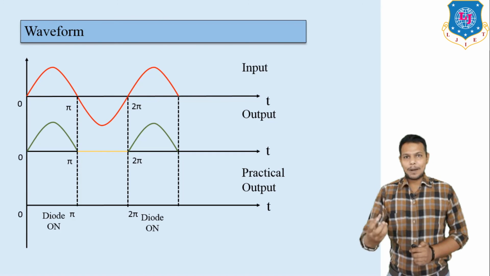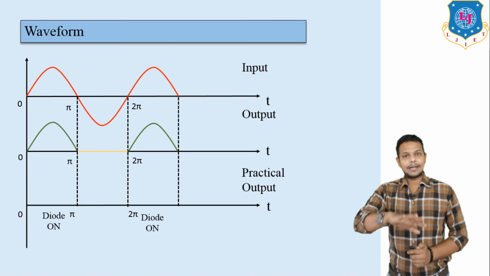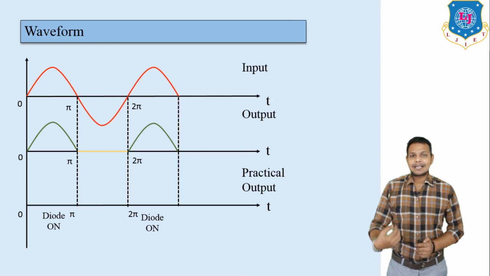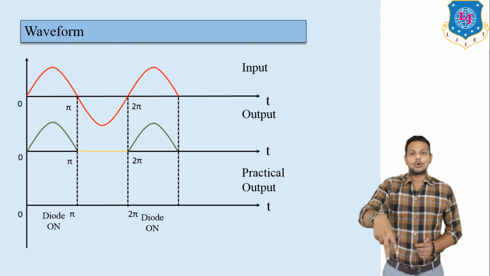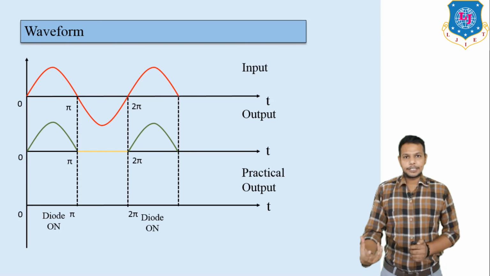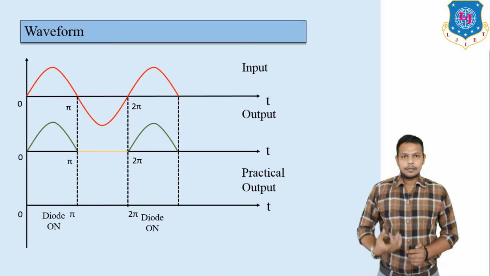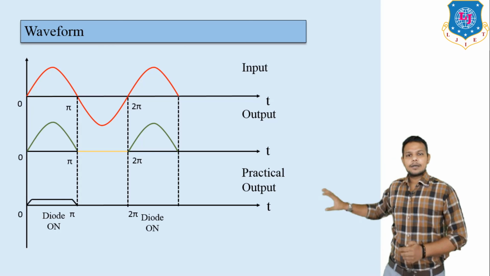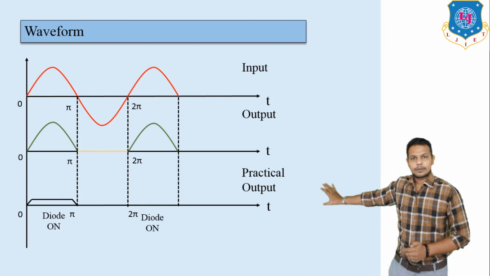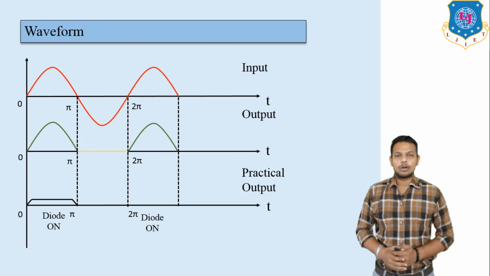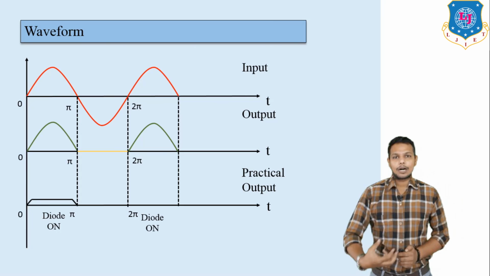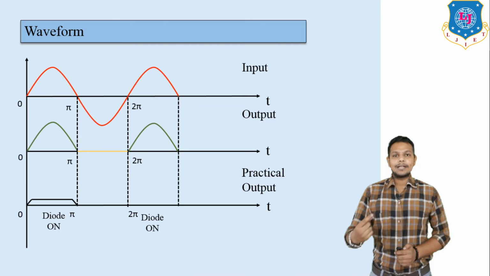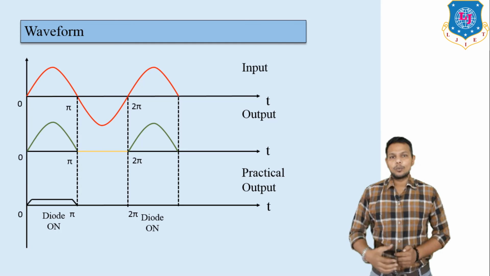So 0 to pi is positive, pi to 2 pi is 0, right? But if you measure the diode voltage, what will it be? Here we can see this is the diode voltage. It will be 0.7 volts if you measure at the diode side. So it will be 0.7 due to the closed circuit.